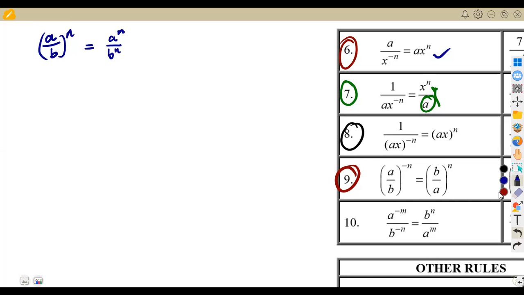What is the difference with this one now? This time we are having a negative. A over b is now raised to a negative exponent. We have a fraction here being raised to a negative.